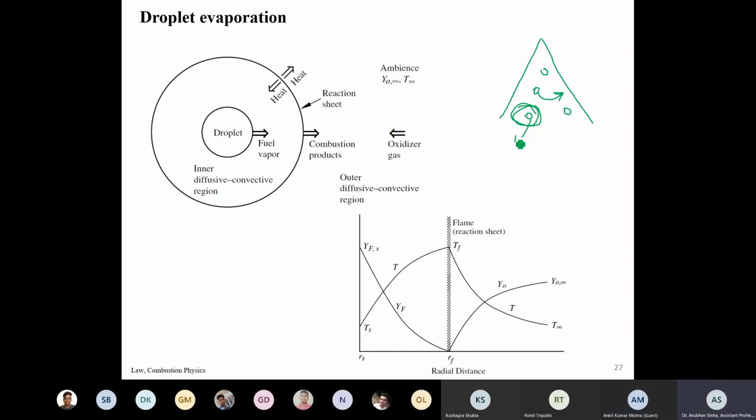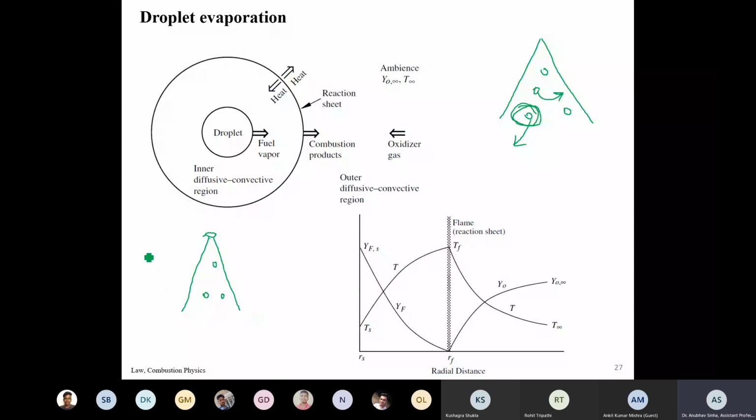Good. So basically, in an IC engine or gas turbine or anywhere you are burning liquid fuel, we inject a spray. We have an atomizer here, spray is coming out, and we have droplets inside that spray.